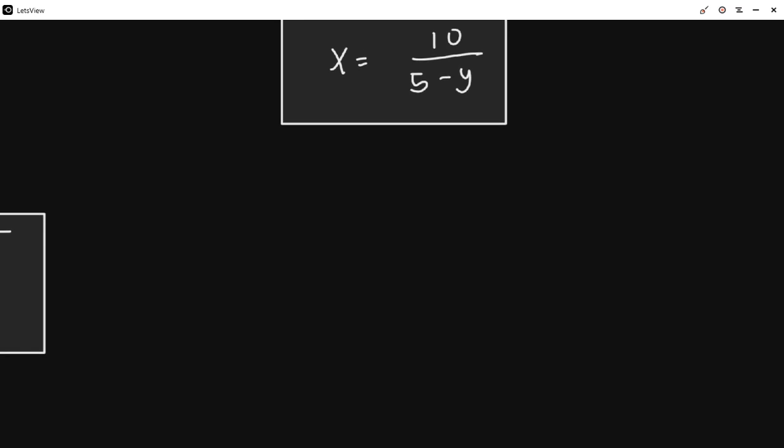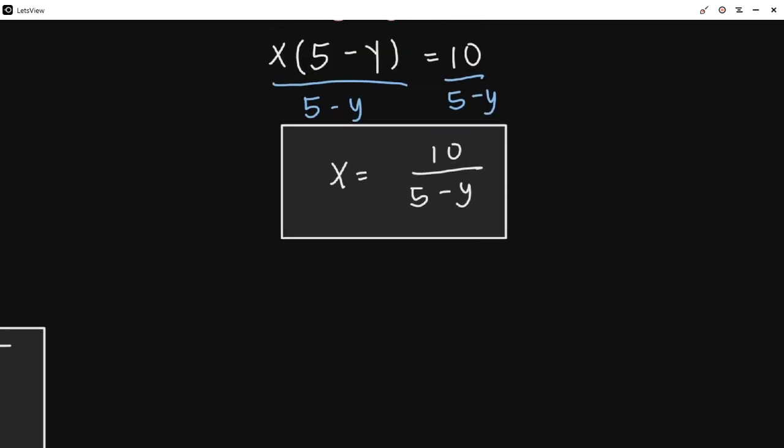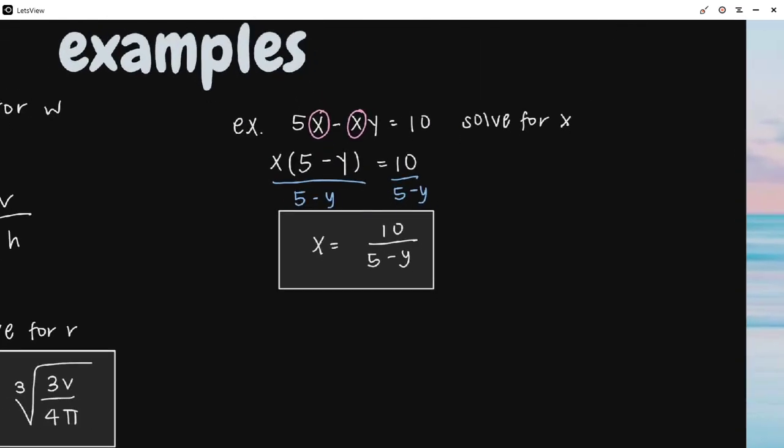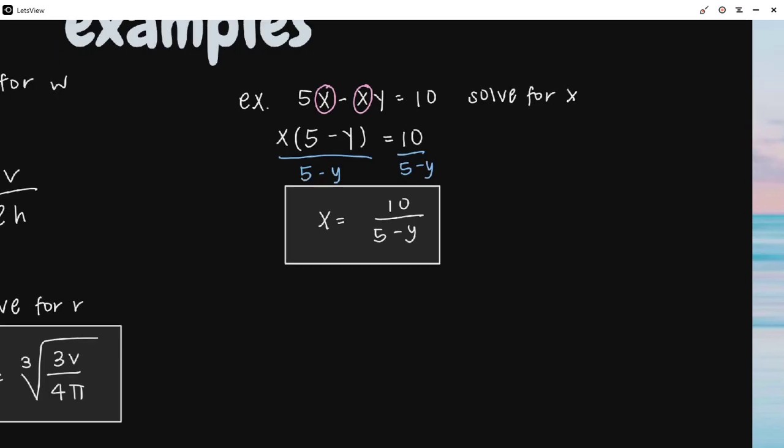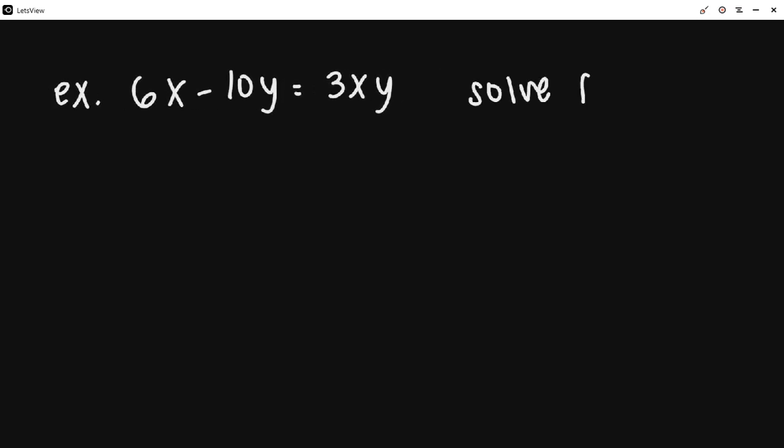Okay, let's do one more. Okay, I'll leave it so you can see this if you need to. Alright. Okay, so 6x minus 10y equals 3xy, and we want to solve for x. So there's an x here and an x here. And we want them to be on the same side of the equal sign. And we want the y on the other side.